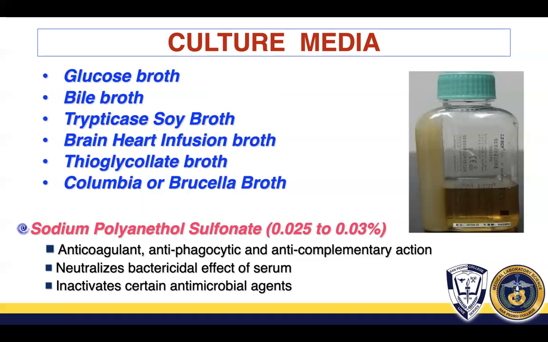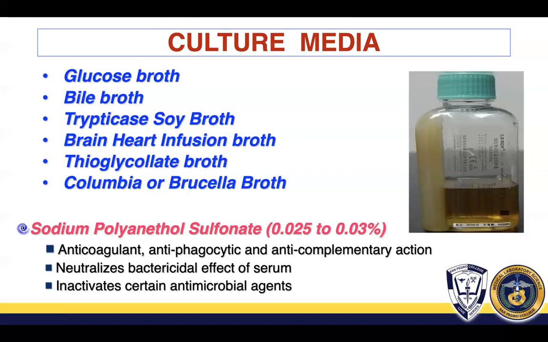What's common nowadays, and usually incorporated in blood culture bottles that come with automated machines, is resin or charcoal. This usually inactivates most antibiotics by absorbing those antibiotics onto the surface of the resin.